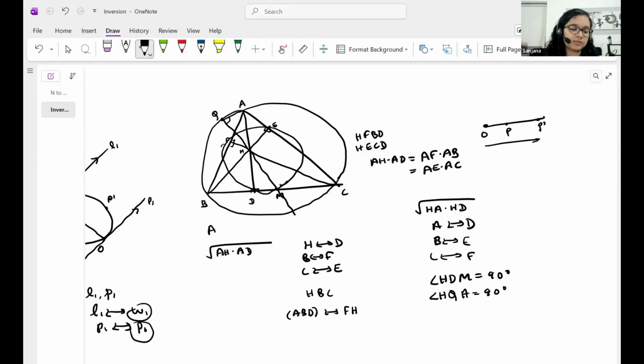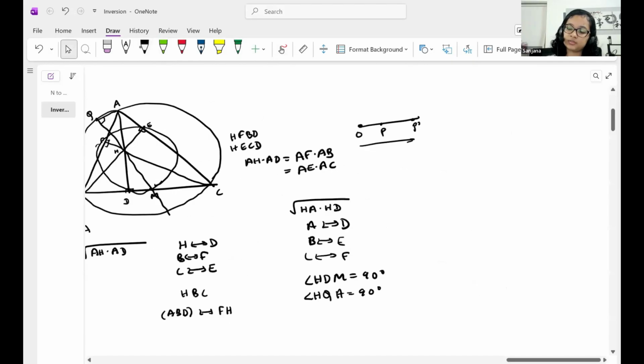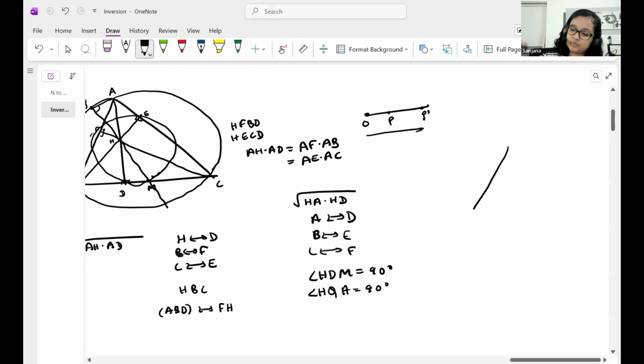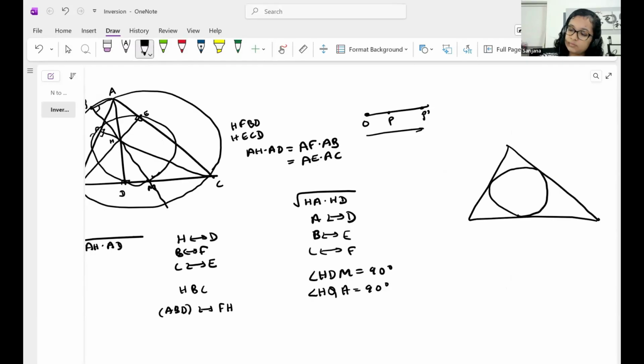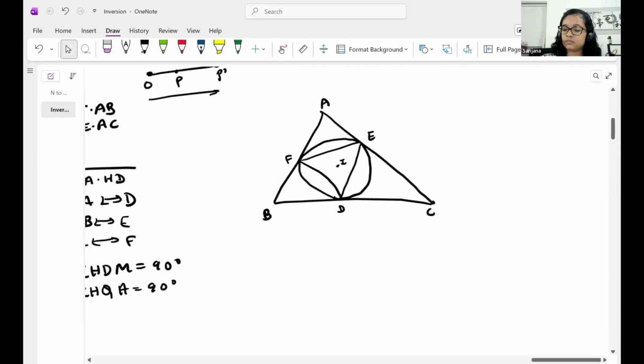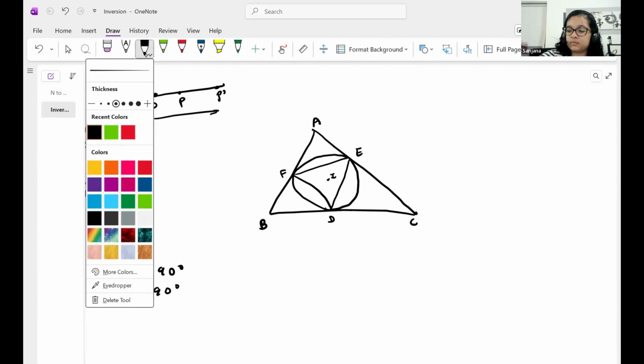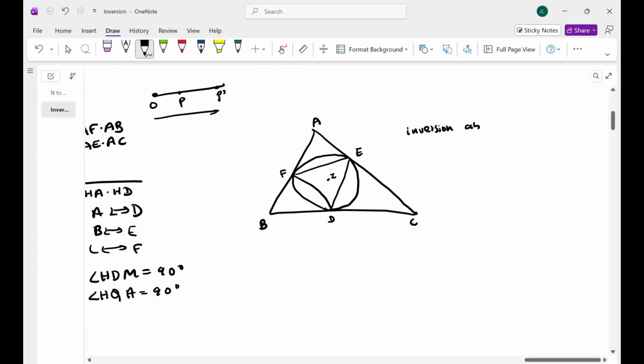Now the third thing I wanted to look at was incenter inversion. So if you have the incircle, can anyone tell me what ABC will go to when you invert about the incircle? Midpoints of the triangle DEF's sides.